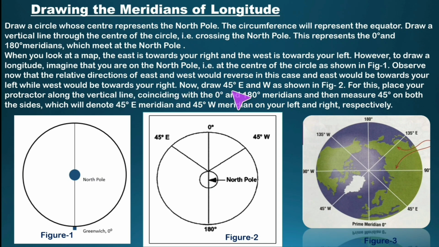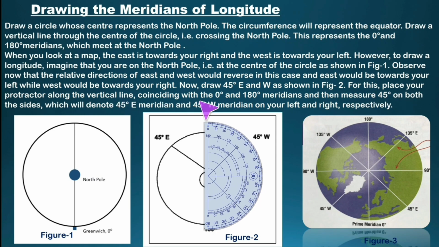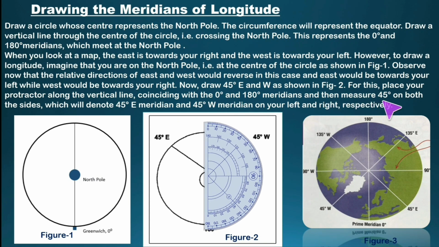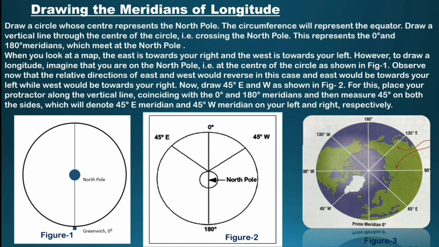Now draw 45 degree east and west as shown in the second figure. For this, place your protractor along the vertical line coinciding with the 0 degree and 180 degree meridians and measure 45 degrees on both sides, which will denote the 45 degree eastern meridian and the 45 degree western meridian on your left and right respectively.